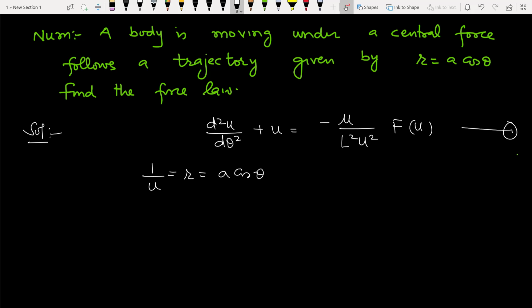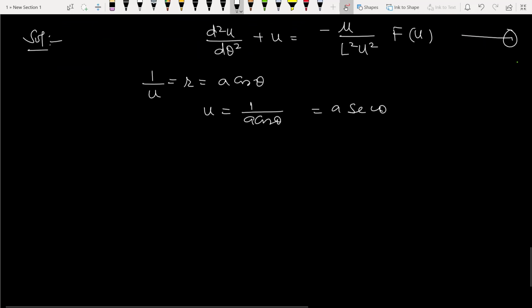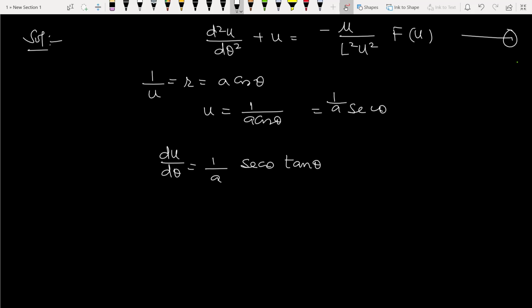So u is equal to 1 by a cos theta, which is 1 by a secant theta. As we need the double derivative of u with respect to theta, we differentiate u with respect to theta: it is 1 by a, derivative of secant theta is secant theta tan theta.